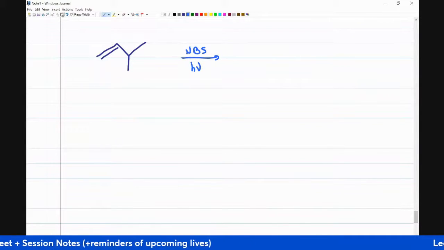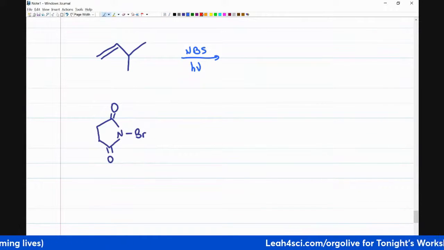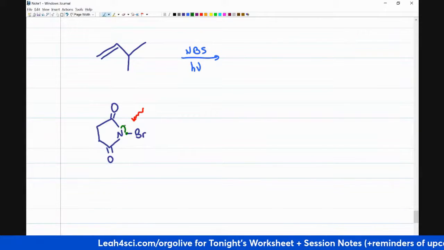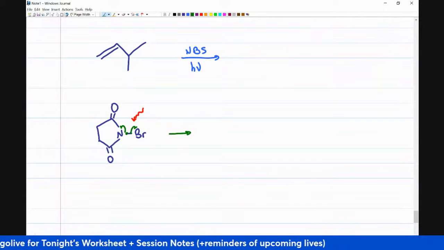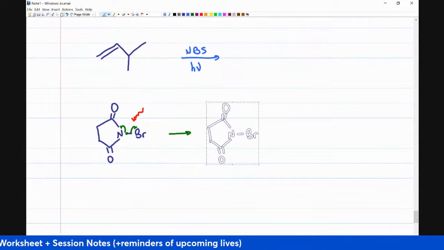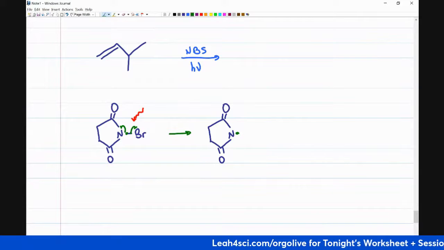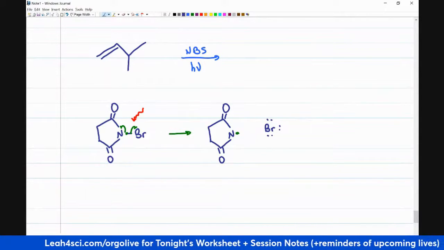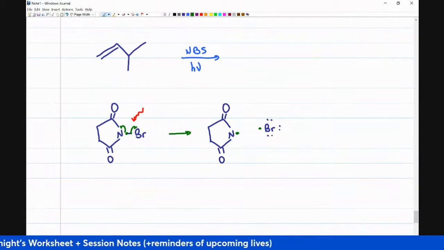The first step, this is the new step, is where the NBS is going to be zapped and cause this to break apart. This right here is going to give me an intermediate nitrogen radical. Don't care about it. But what I do care about is the fact that I just formed a bromine radical without having to raise the temperature to 350 degrees and without having to do anything too crazy.